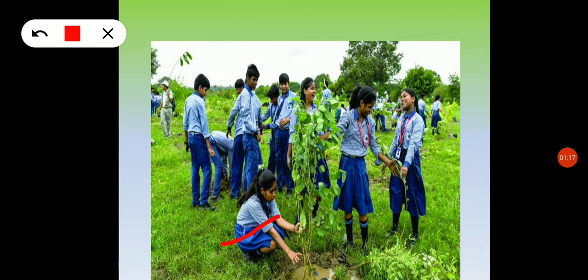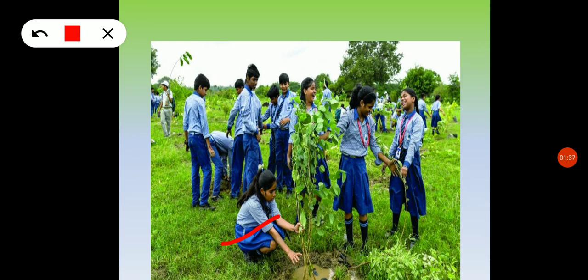One program is Vana Mahotsava, in which lakhs of trees are planted in July every year. By increasing afforestation, you can reduce pollution.